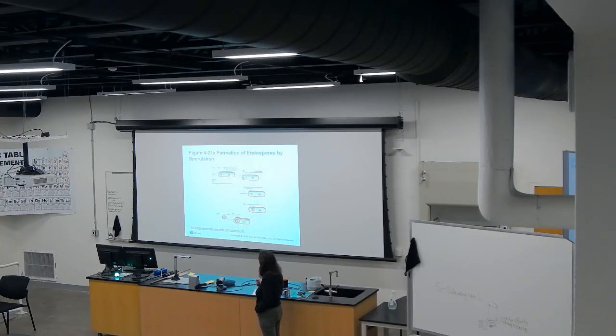It goes to one end. And then you will start forming a wall made of phospholipids, because you want to wrap around your DNA. So that's the first step. The second step is completely wrapping around this DNA.